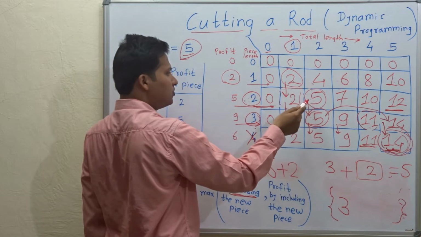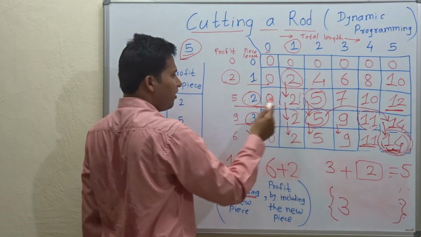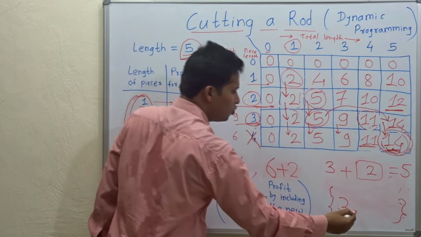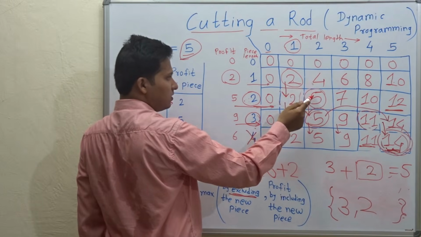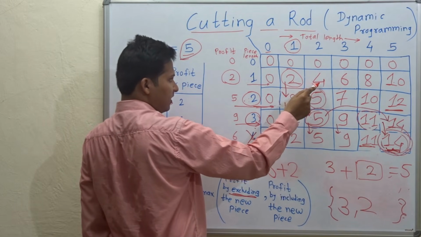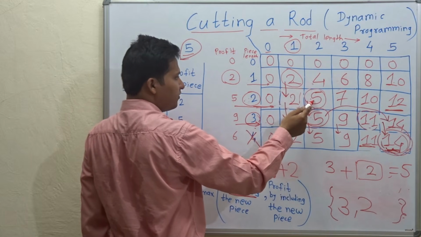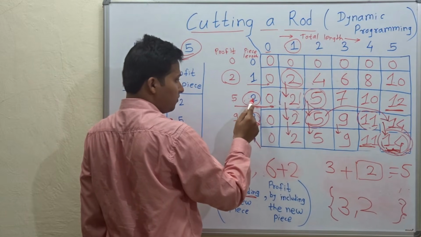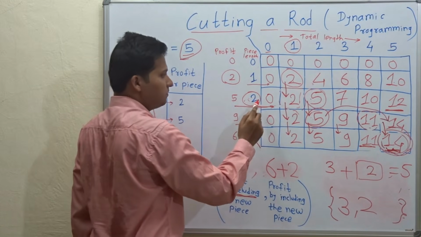Now from the above cell, we can understand that we have included this piece of length 2, because this cell does not come from the upper cell. Here is 4 and here is 5. So this cell value must be calculated from this piece, okay.